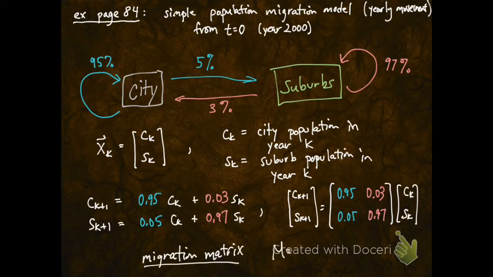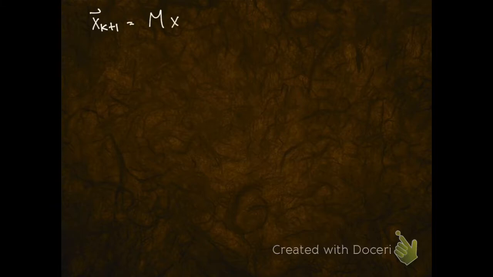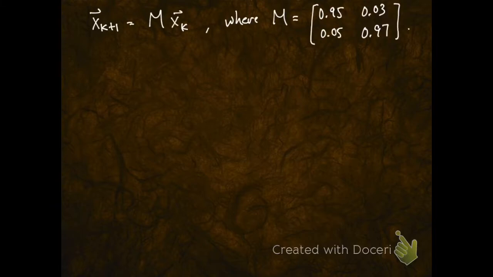And so this is called a migration matrix. This matrix 0.95, 0.03, 0.05, 0.97. And so we have that the state vector x_{k+1} is equal to this migration matrix M times the state vector at time k.